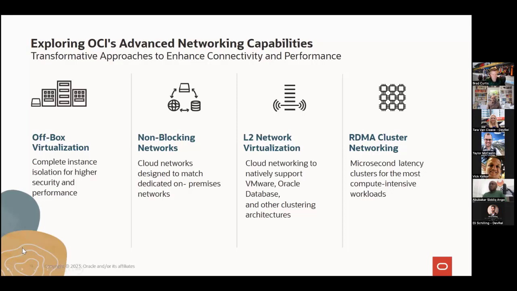And as far as the network virtualization is concerned, Oracle has done the network virtualization at layer 2 in the OCI. So the advantage is that all the Exadata and other appliances can be connected directly to the Oracle network and can be used by the customers.